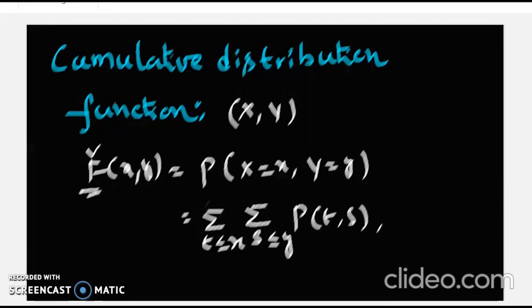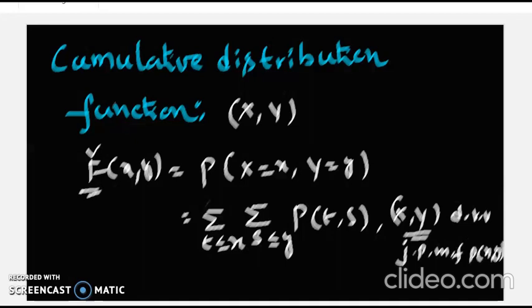This is the case where x comma y is a bivariate discrete random variable with JPMF P of x comma y.